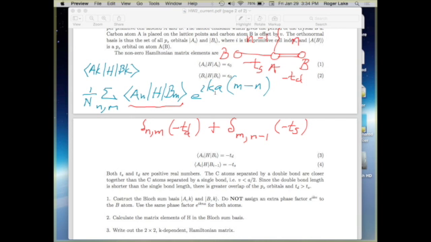Now my phase factor is e to the i k a, and since M is N minus 1, I just get a minus 1 in there.